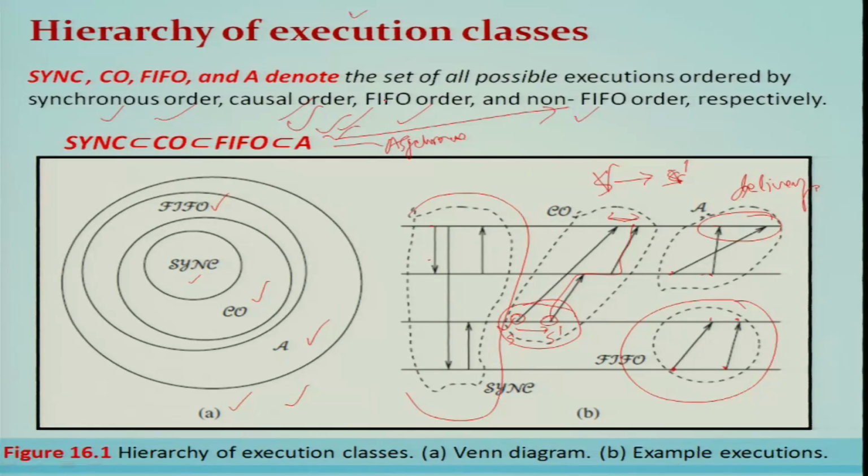Now underlying the asynchronous mode, message passing follows delivery of the message with unpredictable delays. How these particular orderings are going to be ensured, we are going to see in the further slides, how they are going to be implemented and used.